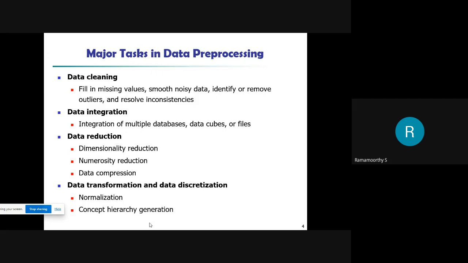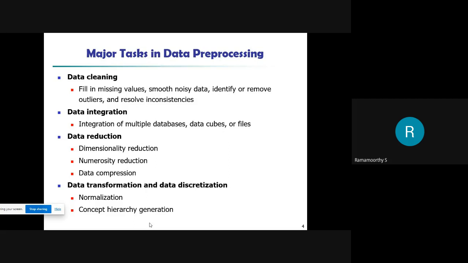So all need to be integrated, and you must create a unified format, because the data you are collecting from the multiple sources are not in the same format. So now you need to create a unified format so that you are able to apply any data mining algorithm over that data.